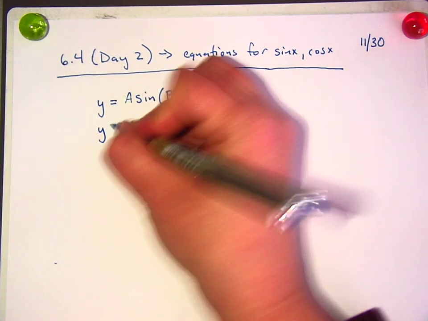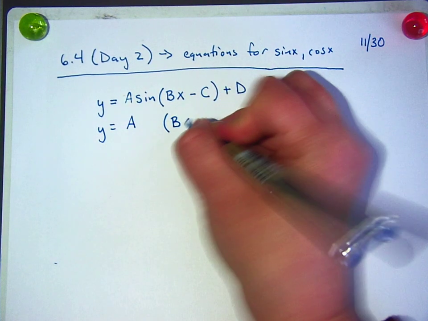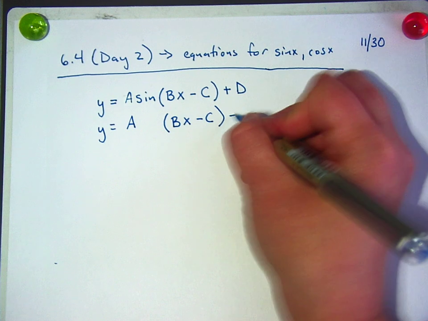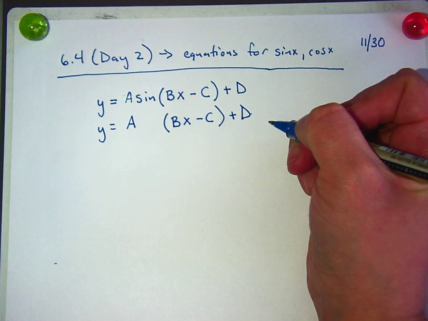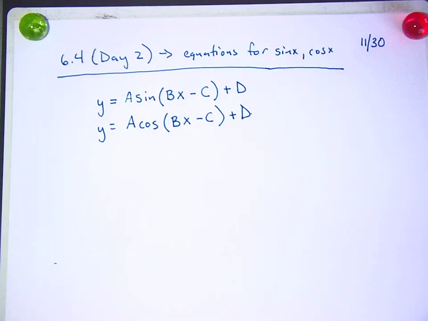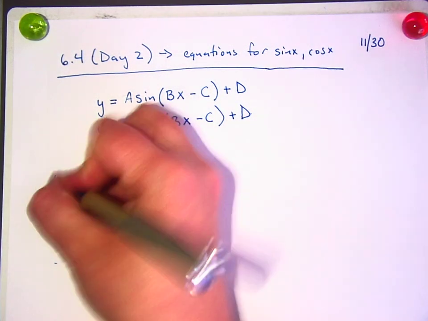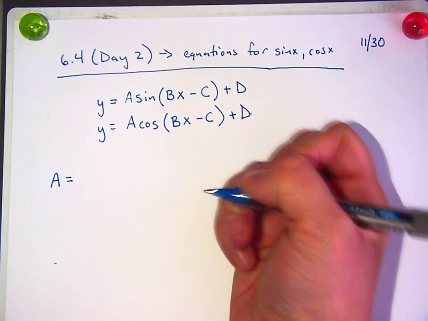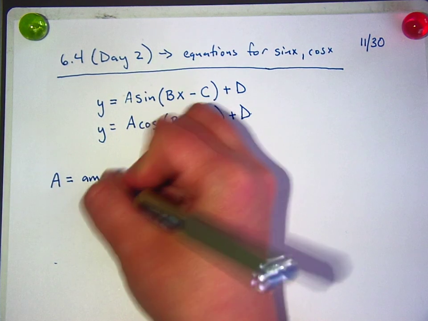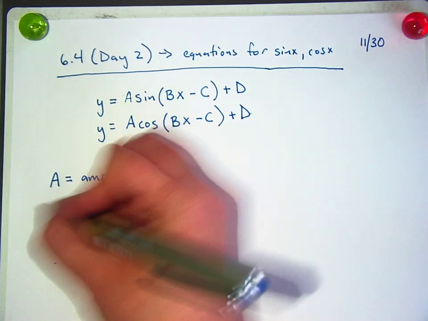And by the way, everybody knows that this rule is also going to work if I just switch what? Right, it's just a different shape, right? But it's all the same rules. Everybody okay with that? Okay, what is A? A is the amplitude. And if it's a negative A?